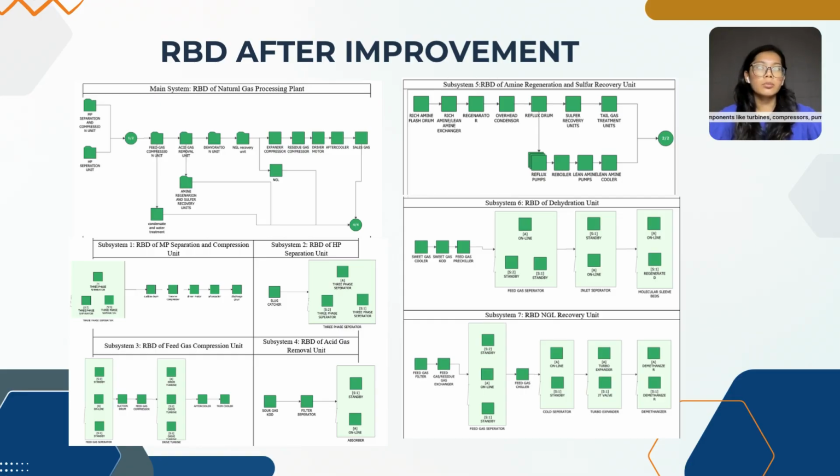Critical components like turbines, compressors, pumps, and separators include standby units configured in parallel blocks, increasing system reliability. Standby units and improved maintainability are modeled with parallel and standby logic to better simulate real operational behavior post-improvements. This RBD enhancement reflects how our iterative improvements physically and logically translate into higher system availability by minimizing bottlenecks and single points of failure.